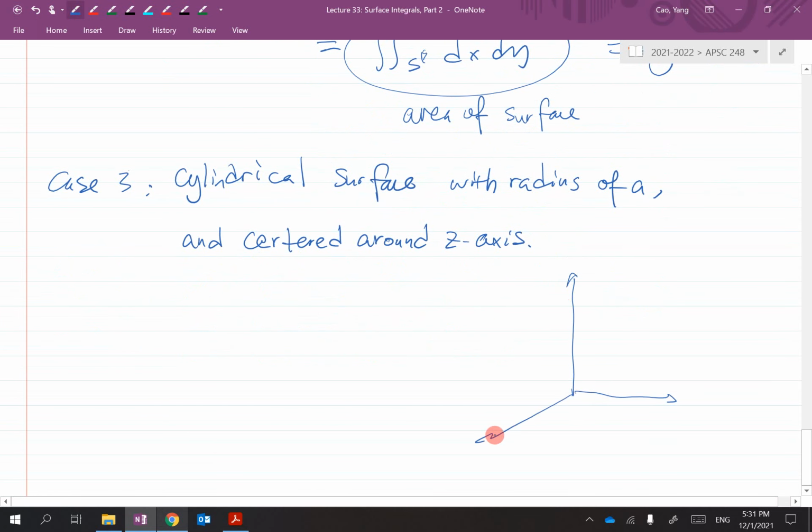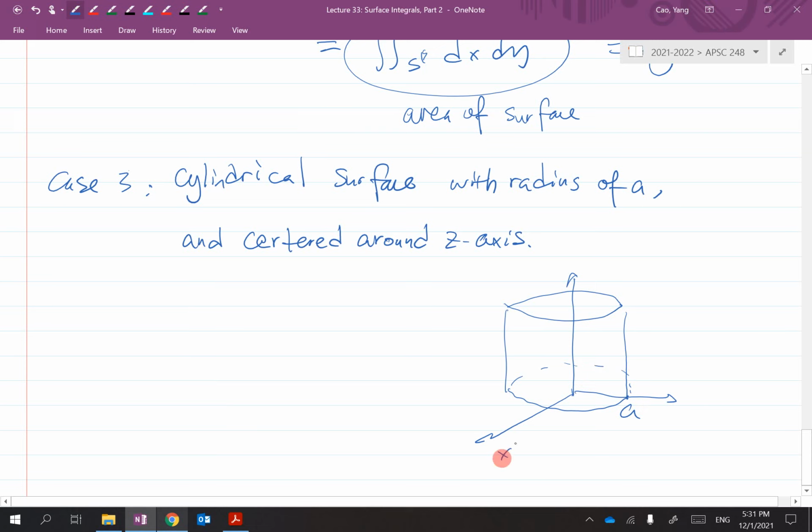I'm going to draw an arbitrary cylinder right here. The cylinder is centered around the z-axis, and it has a radius of a. If it doesn't specify, it could go way above the xy plane, or also go down below the xy plane.